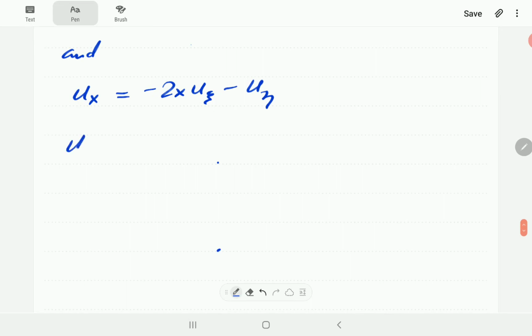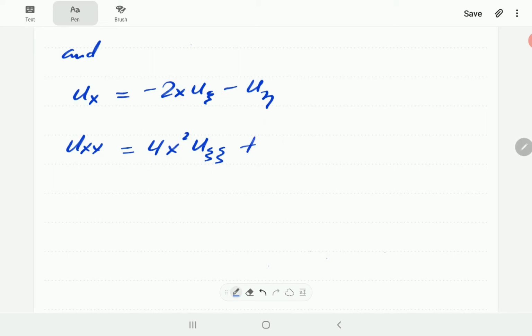Then the xx derivative, I'm going to do it quickly. Then, like I said, we were going to give you a principle of how to work these out a bit quicker once we've got the first order derivative.